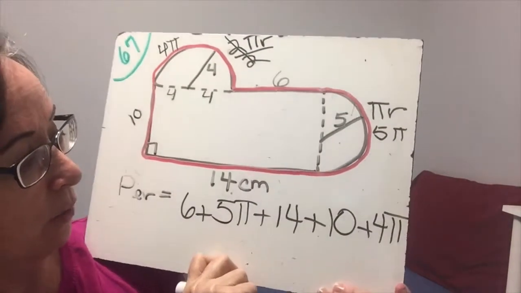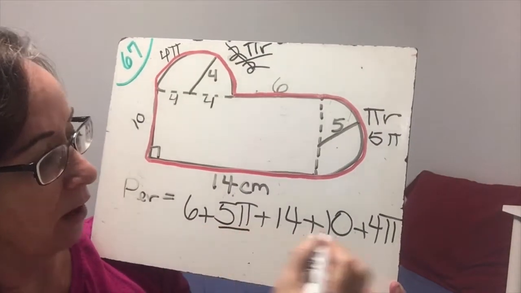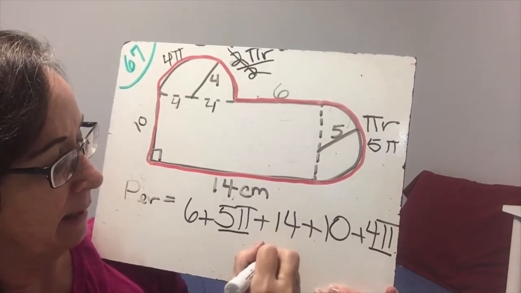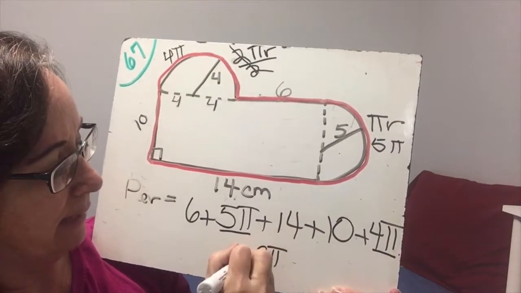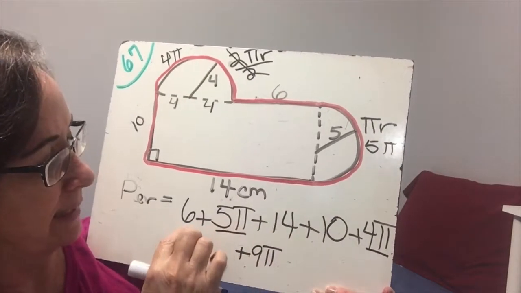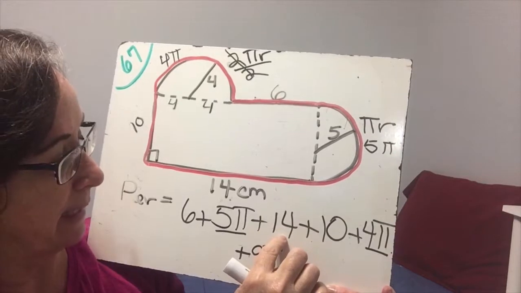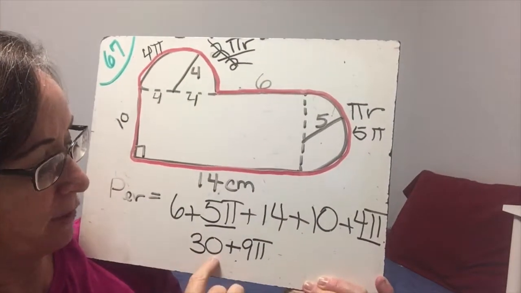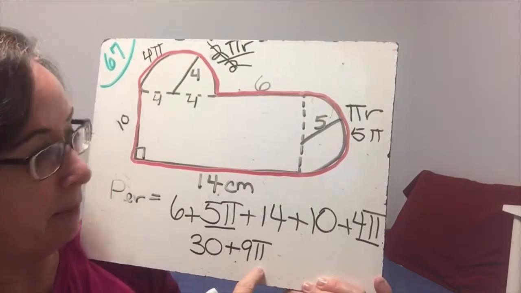Okay, so we're going to go ahead and add our like things together. We've got a 5 pi and a 4 pi, which is a 9 pi. And then we're going to add our 10 and our 14 and our 6. 6 and 14 makes 20. That makes it easy. 20 plus 10 is 30. So we have 30 plus 9 times pi.